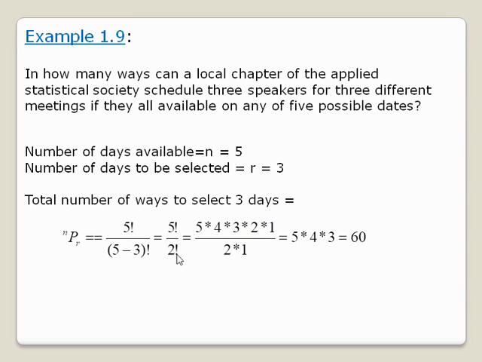If you expand the denominator, you get 2 times 1. By cancelling out 2 times 1 at the top to the bottom, you will end up with 5 times 4 times 3, where the answer is 60. If you want to do this using a calculator, the nPr function is available in most of the standard calculators.